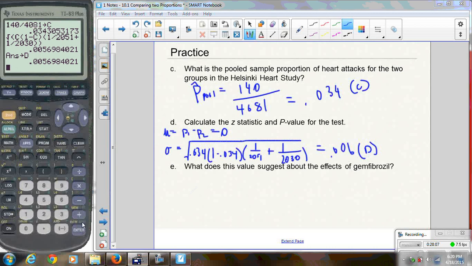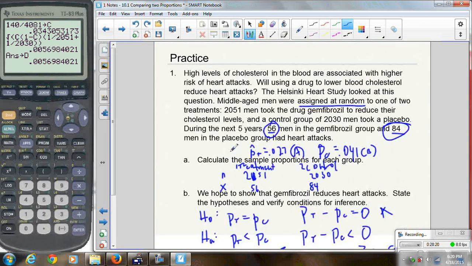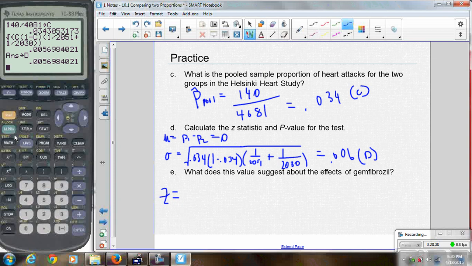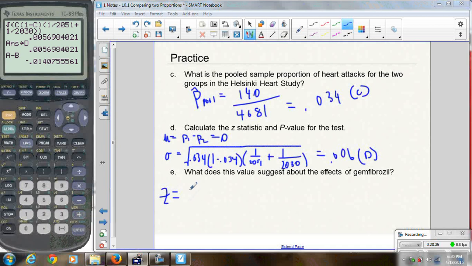There we go. All right, now the z-test statistic. Remember, I'm going to take my observed difference, and so what I'm going to need to do is subtract my p hat from my treatment group minus my p hat from my control group, and so that's just alpha A minus alpha B. Okay, and notice that it's a negative difference.